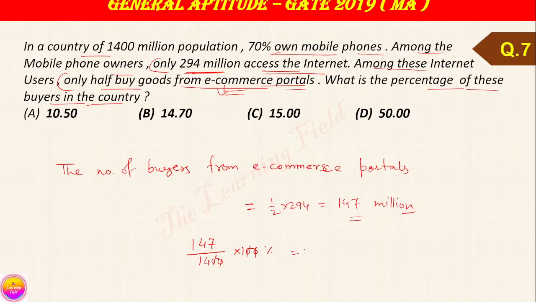So this is equal to 147 by 14, and this is nearly 10%, since 14 tens are 140. Therefore, the answer is near about 10. In option A it is 10.50%, and exactly 10.50% is the correct answer. So option A is correct here. Now we go to the next question.